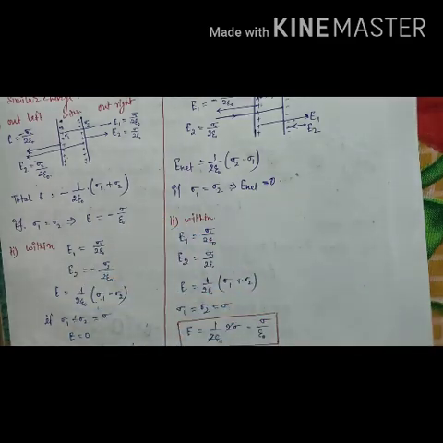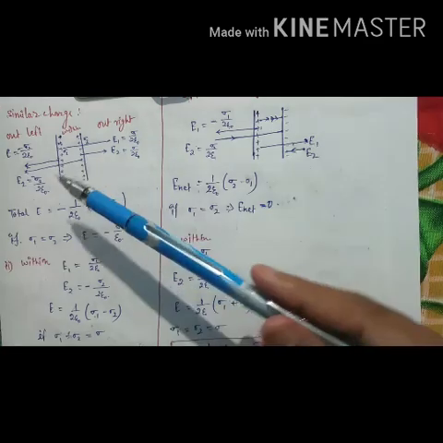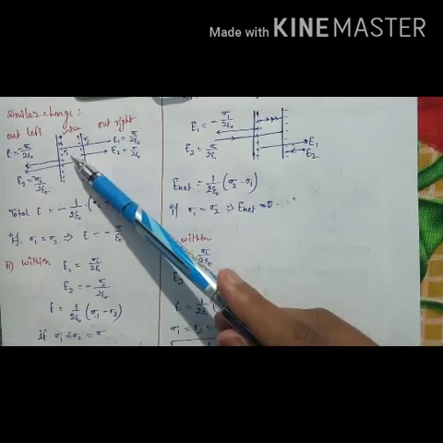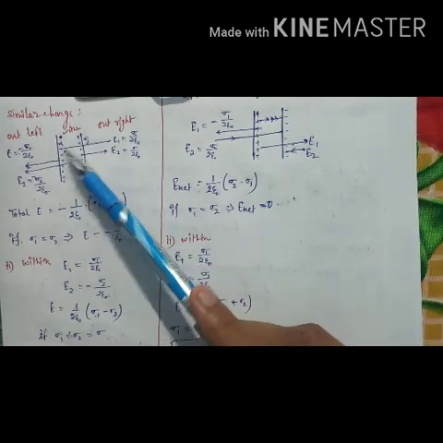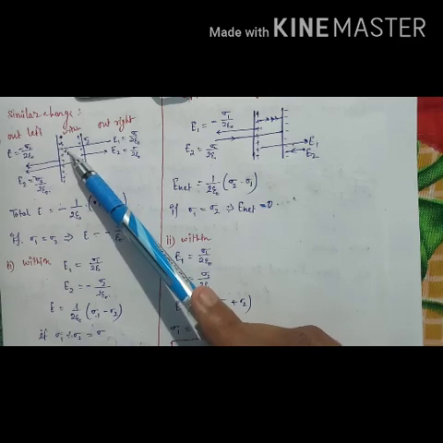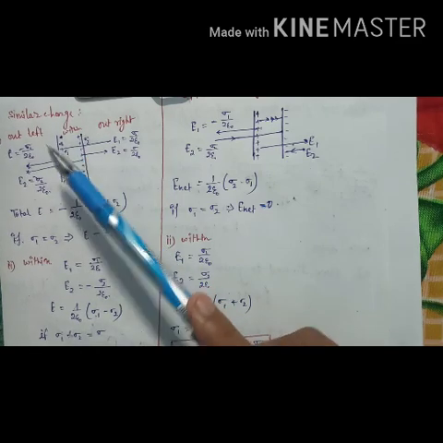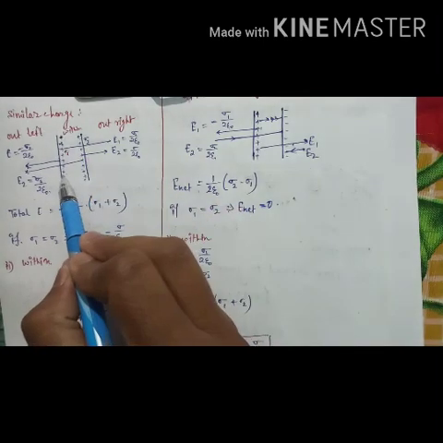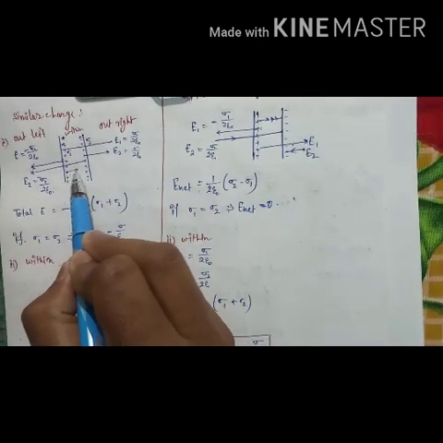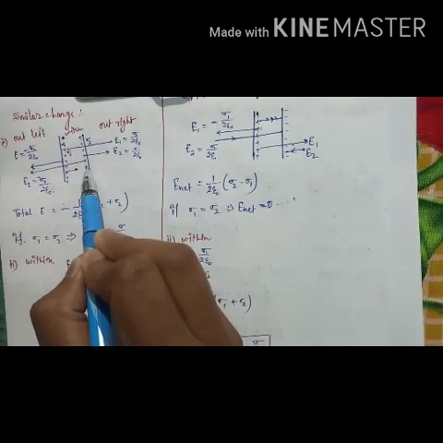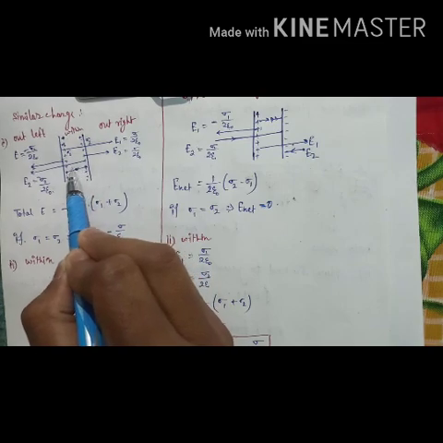But now we find out inside the surface, the electric field intensity at inside. Due to this charge, electric field is in this direction, and due to this charge, electric field is in this direction at this point.